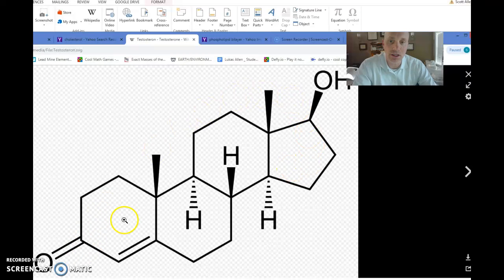The interesting thing is they have a very clear structural similarity. You have that 6-6-6-5 ring system, but they serve totally different purposes. Testosterone serves as a hormone in the human body that triggers a lot of physiological change, especially when boys go through puberty. But cholesterol is something that's used primarily in cell membranes.